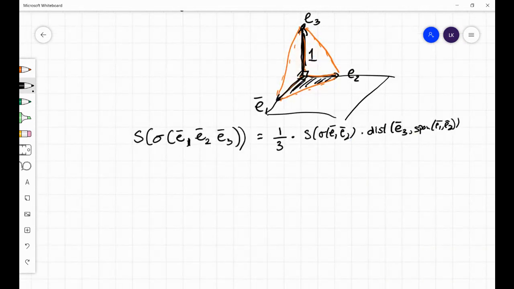I'm defining it in terms of just the distance between the last vector and the span of the previous 2. But you can define it for an arbitrary vector, like Vj, the distance between Vj and the jth face. But this is 1/3 times 1/2, and this distance is equal to 1.